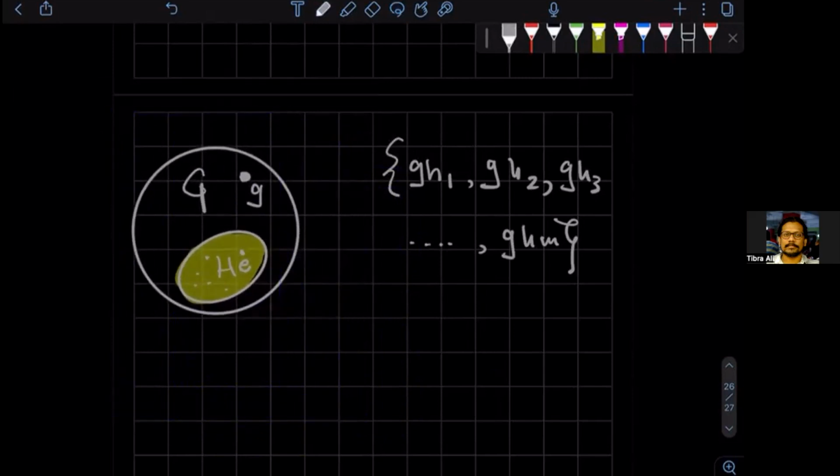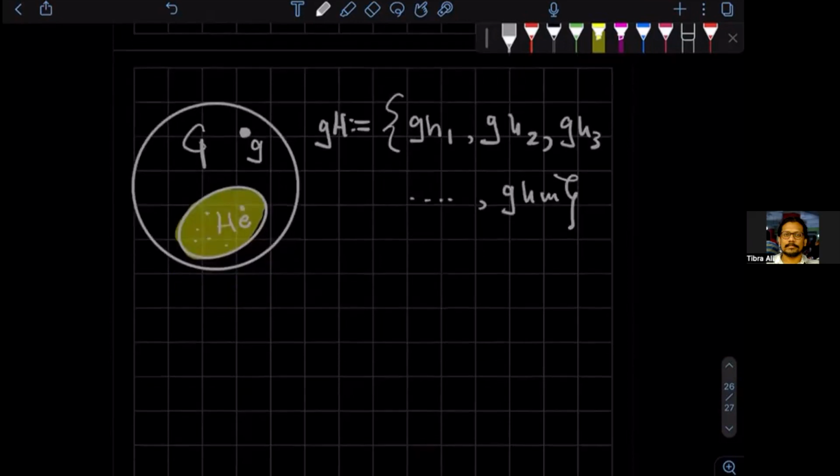So this new set we are calling small g, big H. So this is the coset gH. Okay? That's it.